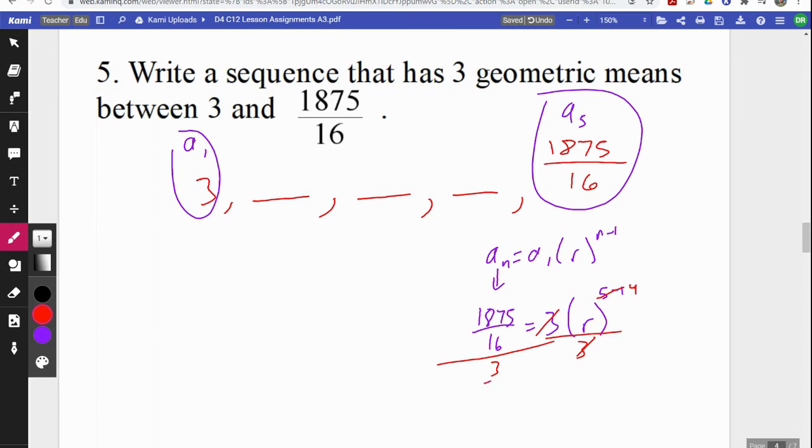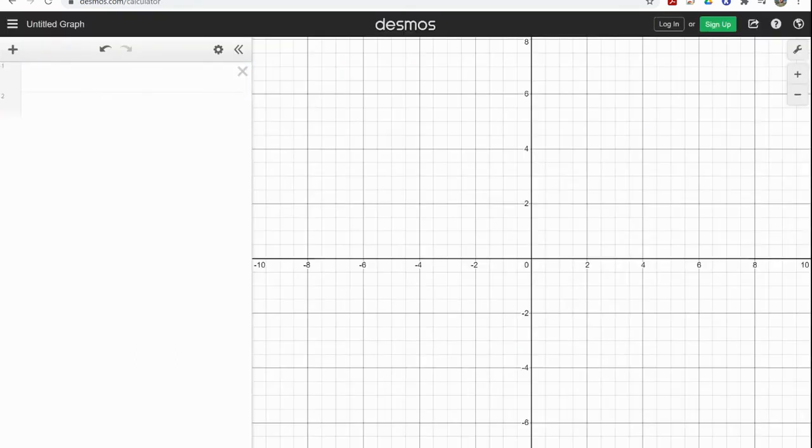We could use outsides over insides, but we get some big numbers. It's basically 1875 over 16, so let's figure out what that is as a decimal here. 1875 divided by 16 is this number.